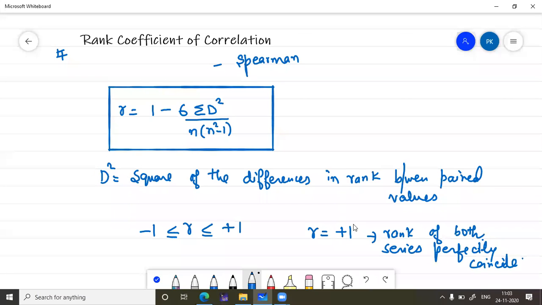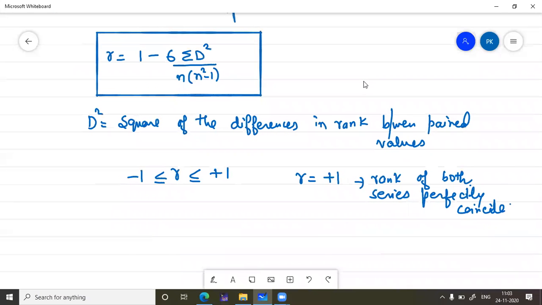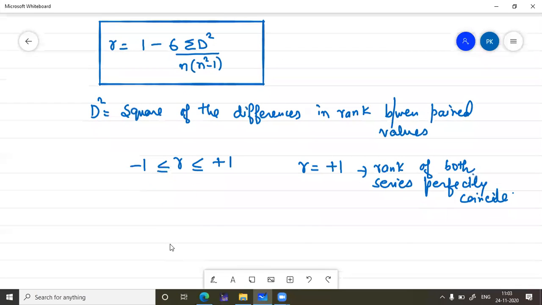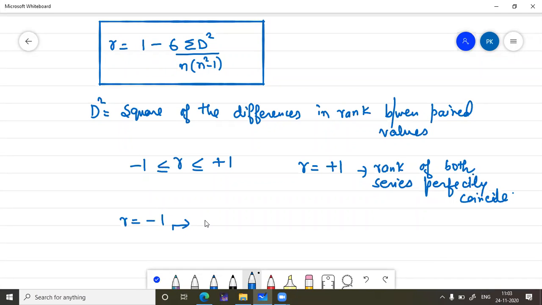And if it's -1, it shows perfect negative correlation, and in that case, we say the series are exactly opposite to each other.